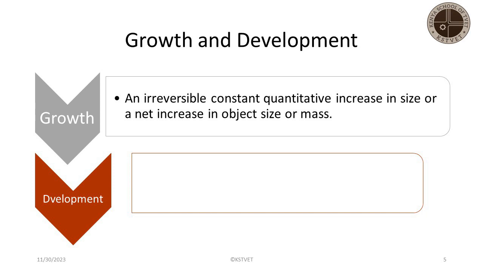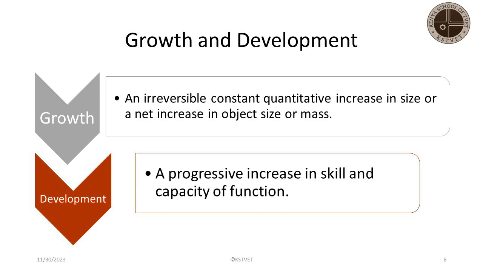Next, I would like you to think of the word development. What do you understand by the term development? In your own words, define the term development. Compare your answer with this one.